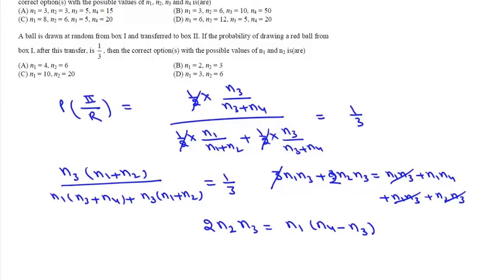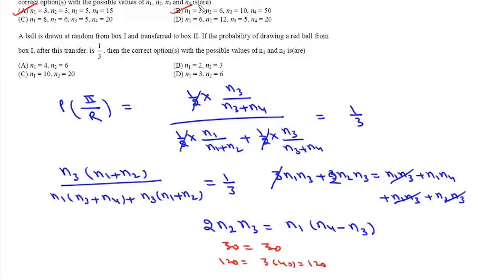Now we have to check all the options. For 2 into n2 n3, here it will be 15 into 2, which is 30, and n1 is 3, and n4 minus n3 will be 10, so it will be 30. That means option A is correct. Option B is 6 and 10, 60, 60 into 2 is 120, n1 is 3, and n4 minus n3 is 40, so it will be 120.